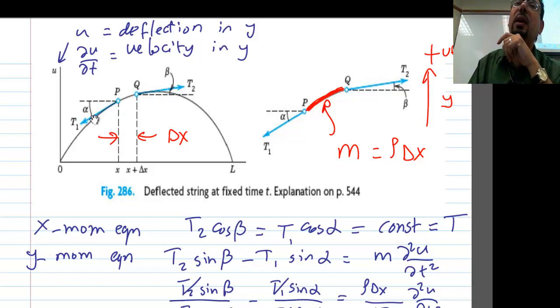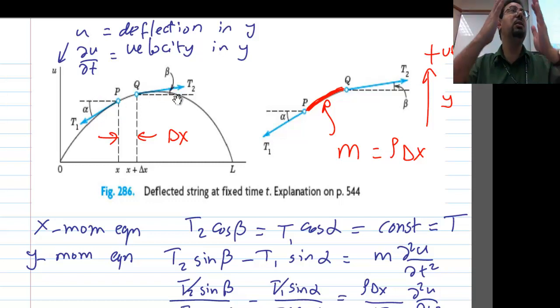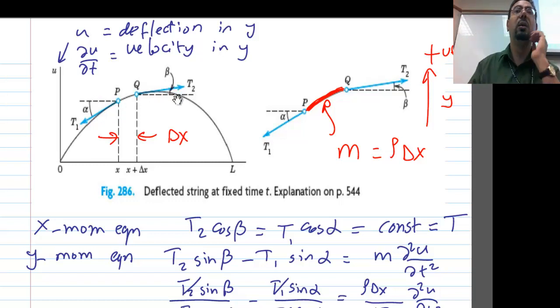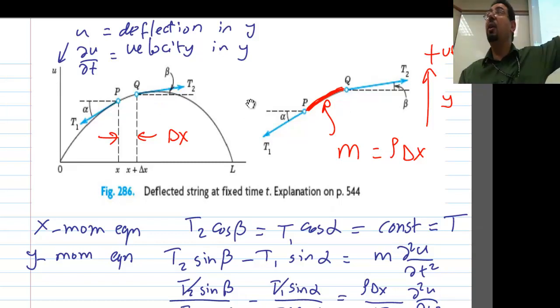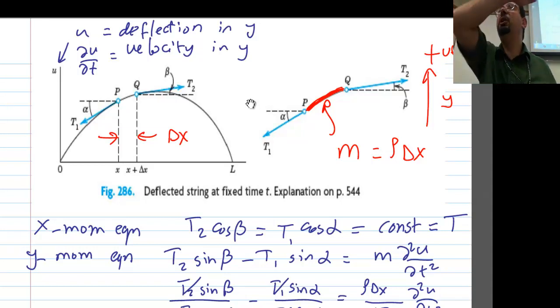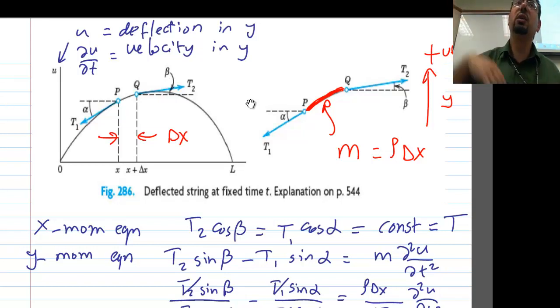So there is a certain curvature here with two different angles. The tangent here is alpha, the tangent here is beta. It doesn't have to be symmetric all the time. And the tension is T1 and T2. In the horizontal x direction, since it is not planning to move this way or that way, there must be no acceleration in the x direction.